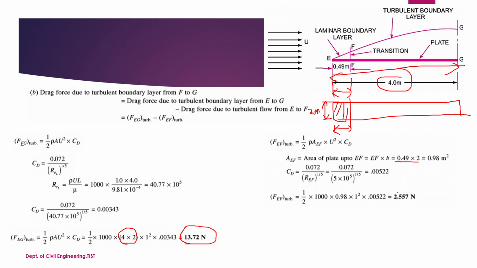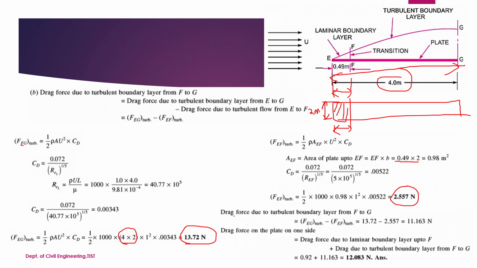When you do that, you'll get the force for the EF portion as 2.557 Newton. So how to find out the force for FG? You can take the difference. So drag force due to turbulent boundary layer from F to G is given by subtracting this value from this value. So drag force for FG is 11.163.